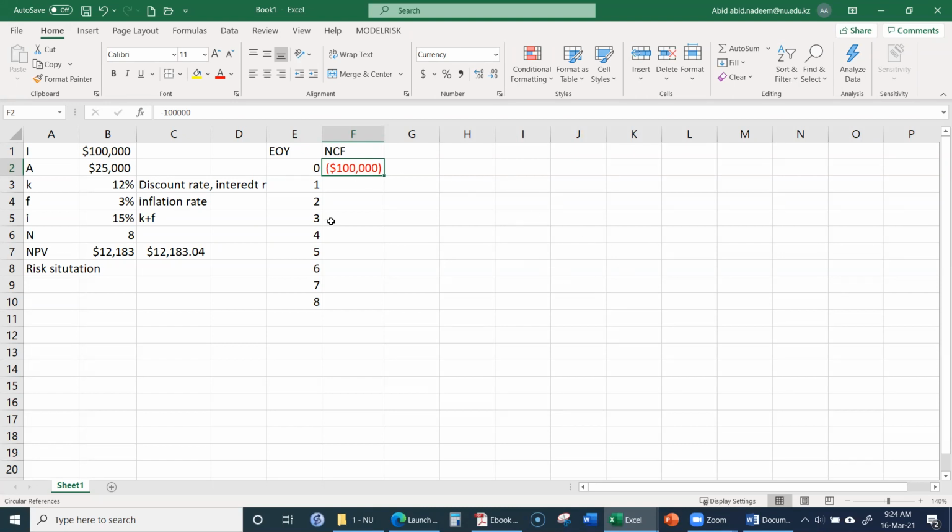Just for the sake of simplicity, the annual benefits are, say, in the first year $25,000. But maybe in the second year it is $20,000. Third year maybe $22,000. In the fourth year maybe $30,000.